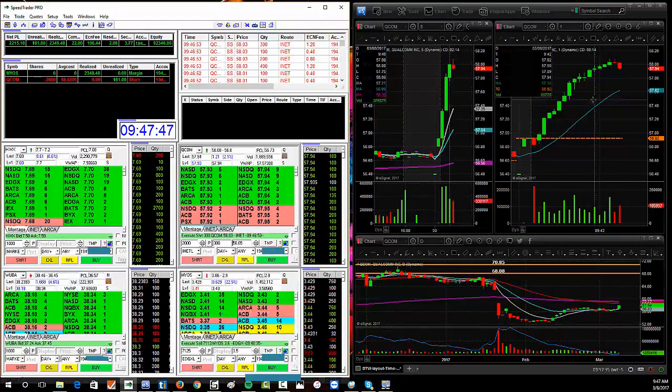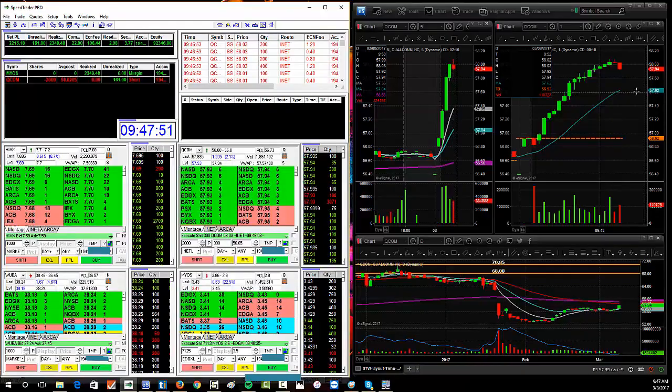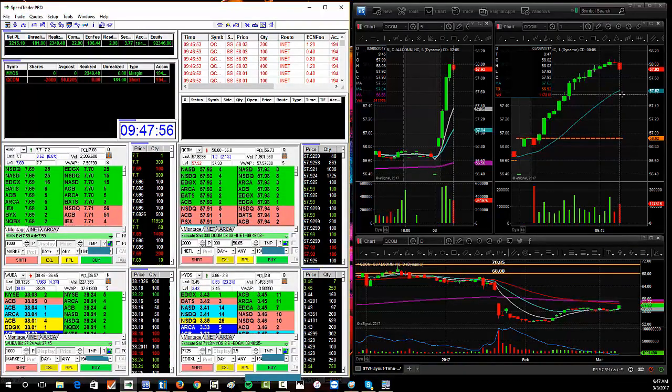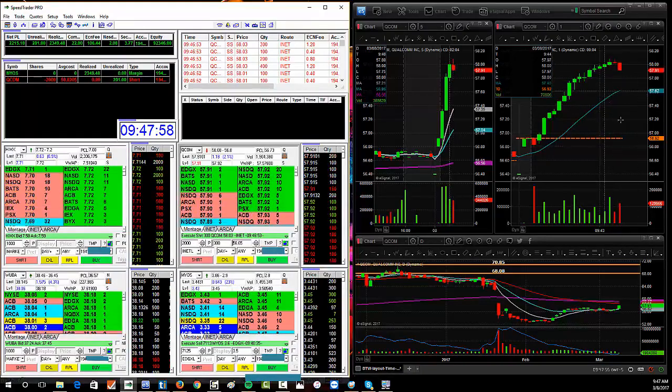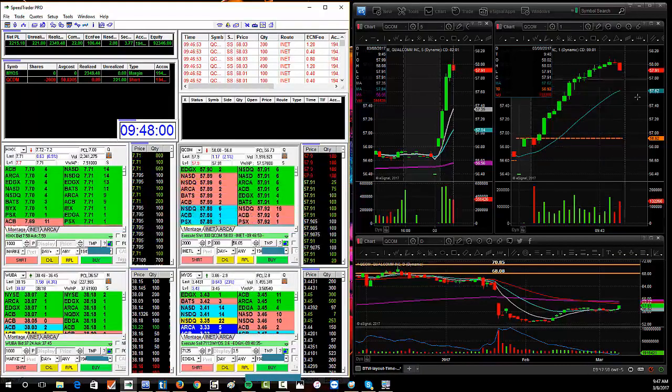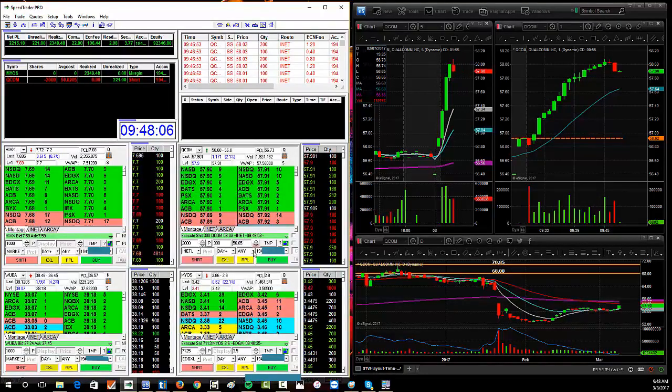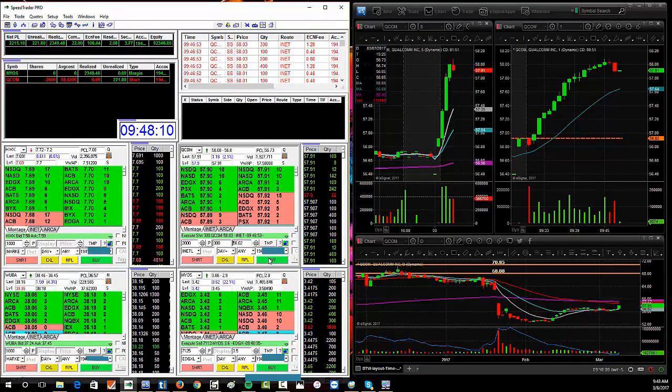And even now, if I wanted to cover some, I could, but this has room down to 57.62, the 20 moving average on the 1 minute chart. So that's the spot that I'd like to see it really dip down to. But stop now is going to be over $58.